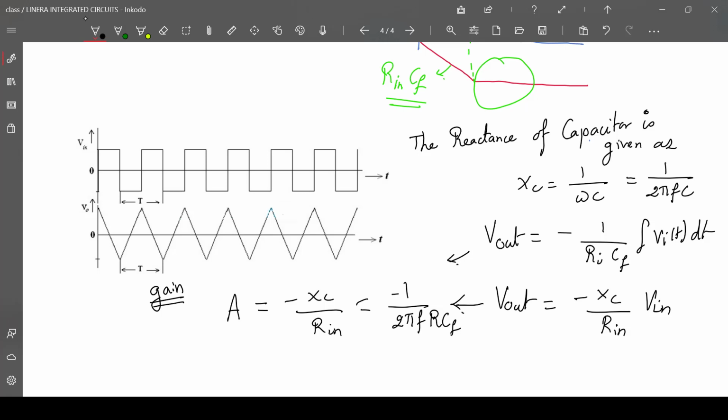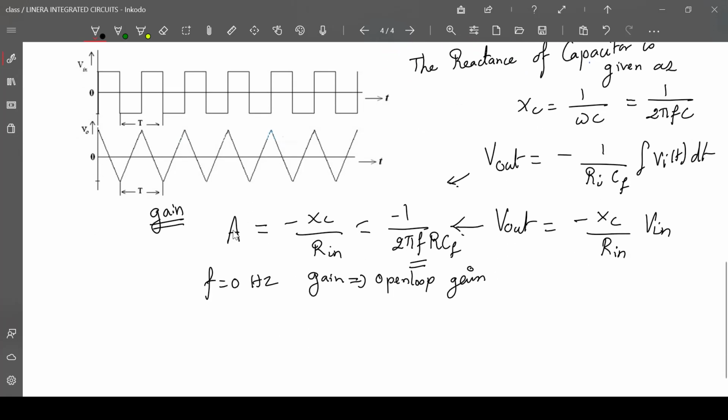In this equation, f represents the frequency. If f is equal to 0 Hz, when there is no variation, the input is constant, the gain will be equal to the open loop gain. So when the constant input is given, the corresponding frequency will be 0.